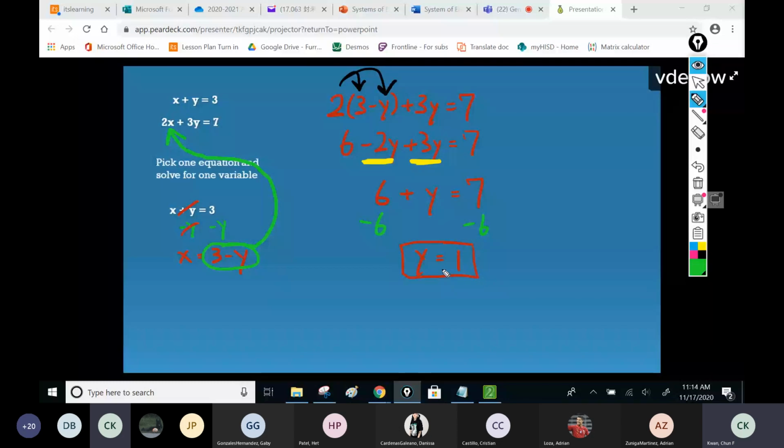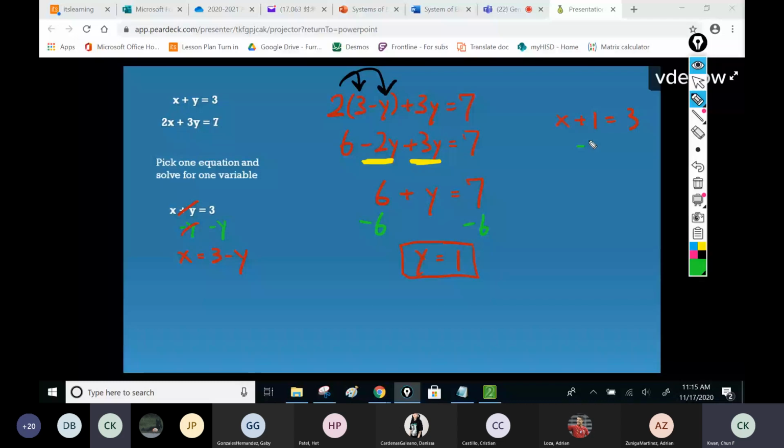All right, now I'm going to plug this back into either equation, but I'm going to pick the easy one for sure. I'm not going to do the hard one. I'm going to plug it back into the first equation and then solve for x. Minus 1 on the left, minus 1 on the right.